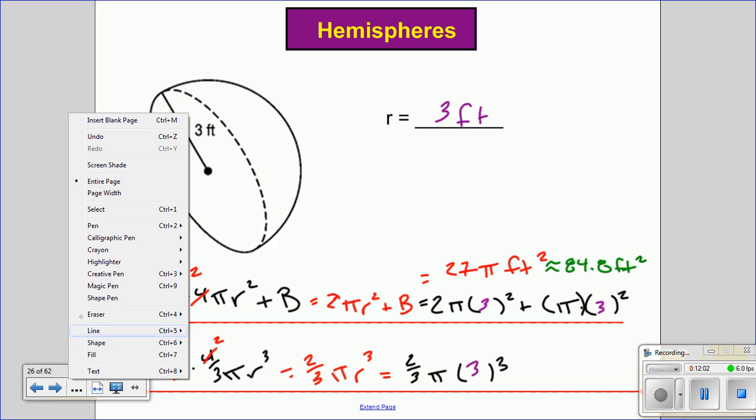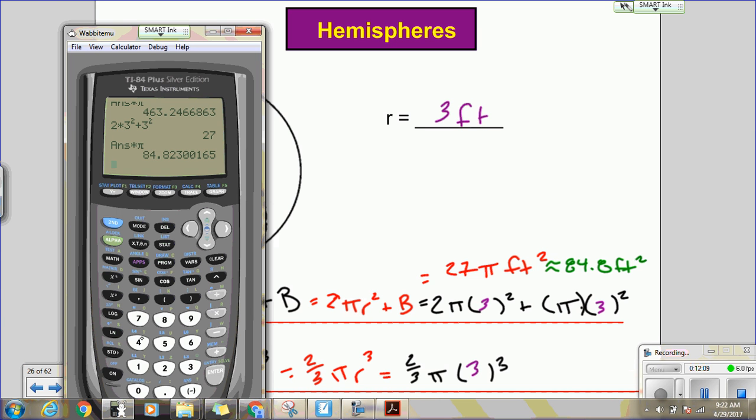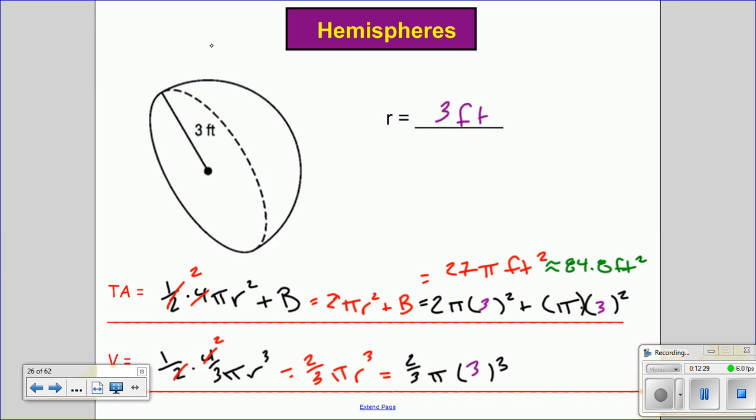So for the exact, put everything in the calculator except for pi. So 2 over 3 times 3 cubed, which is 18.